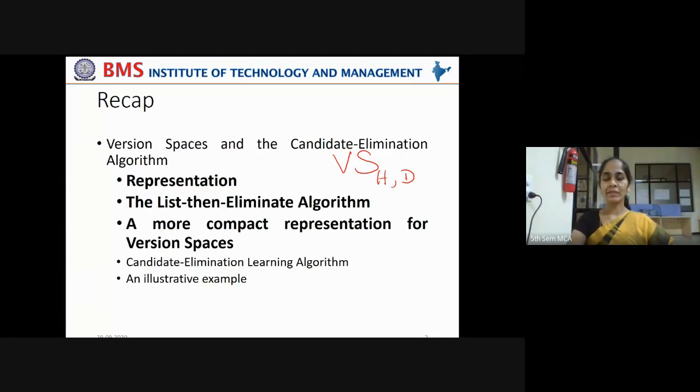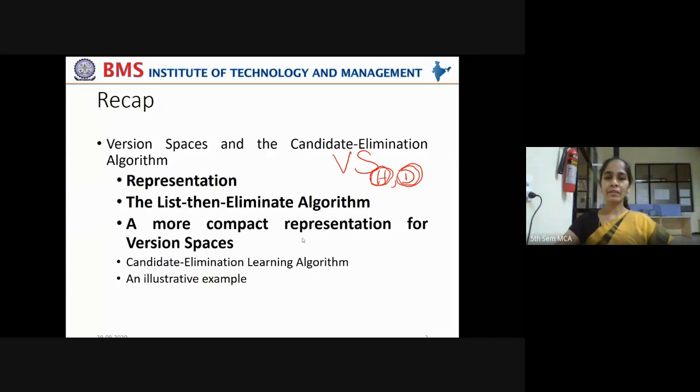Version space with respect to hypothesis space H and training examples D. I'm repeating again: the version space consists of all the hypotheses in H that are consistent with the training examples D. Okay, this is called the version space.